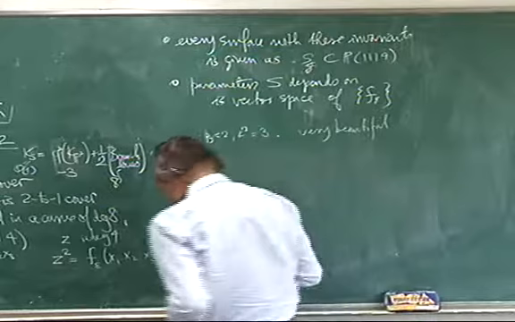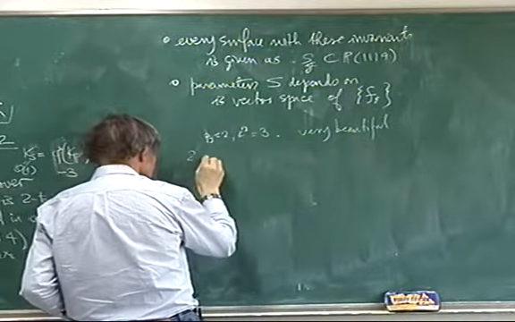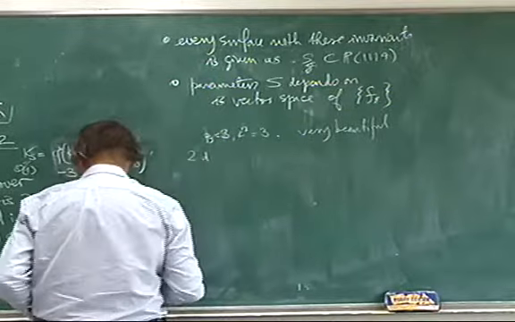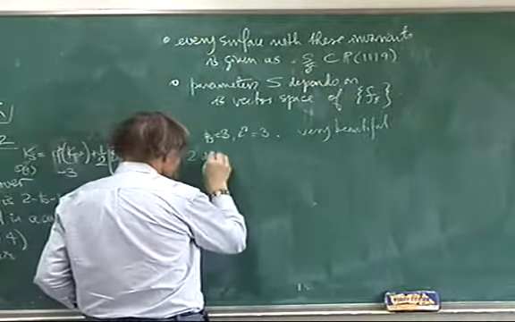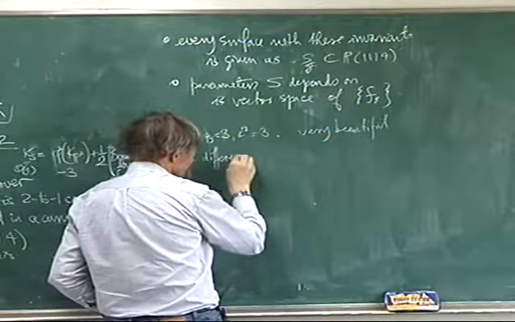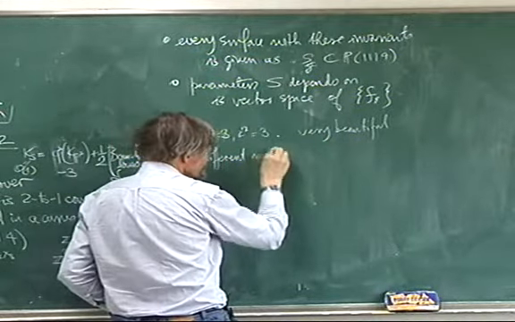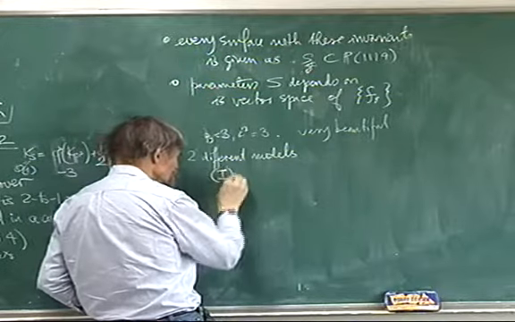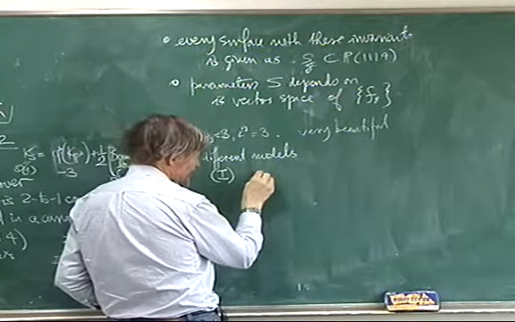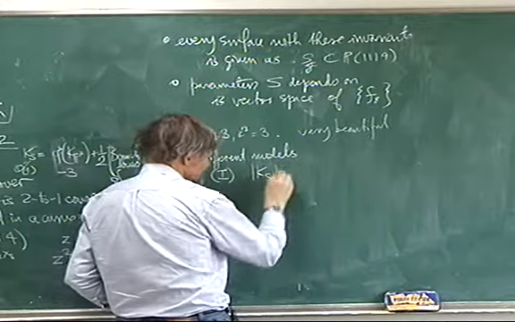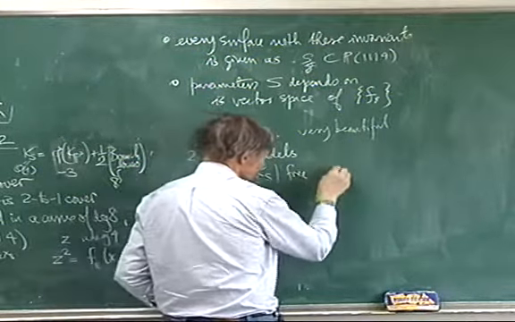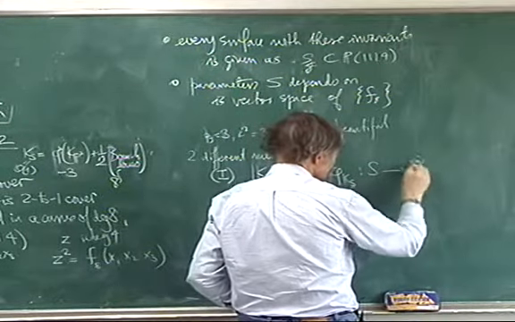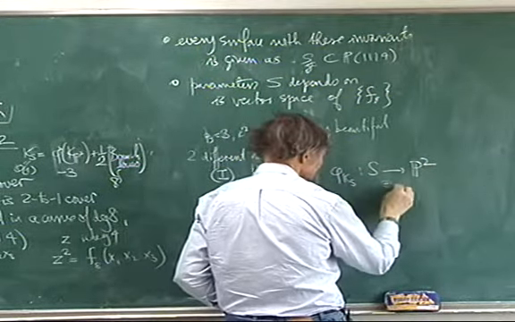Because there are two different models. Sorry, pg equals 3. Two different models. So family 1, K_S is free, and phi_K_S from S to P2 is 3 to 1.